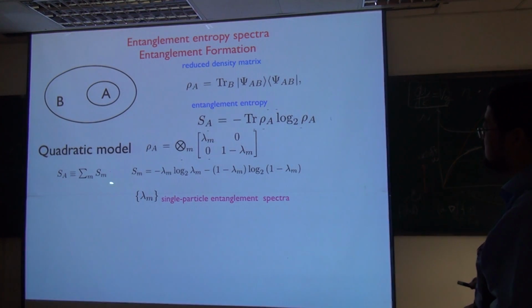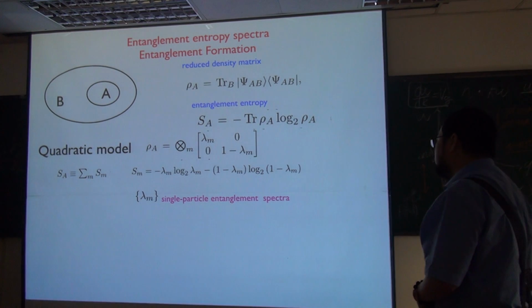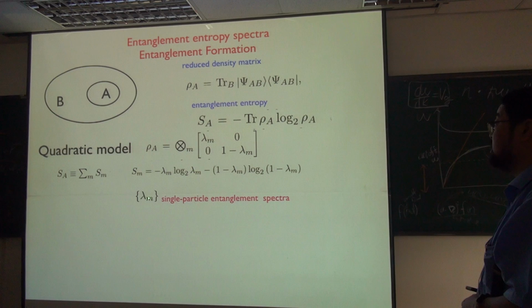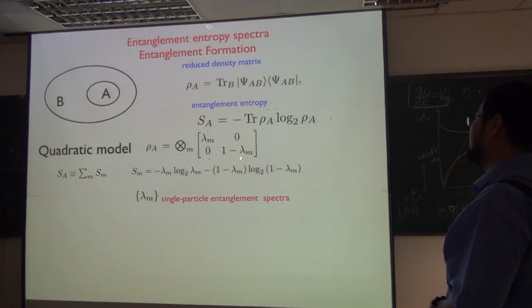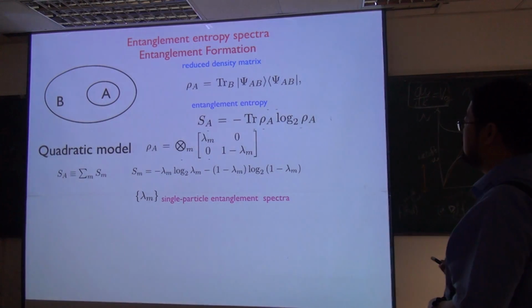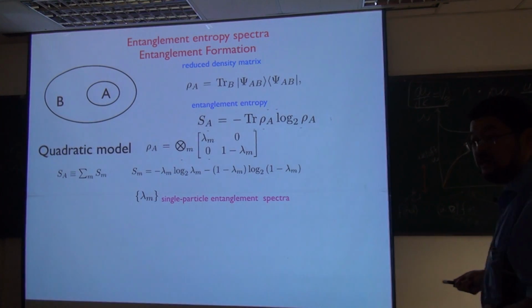So you add them together. Lambda m we call the single particle entanglement spectra. It's different from many body, because in many body you have to consider all of them, but if you only consider a single mode, you have the single particle entanglement spectra.